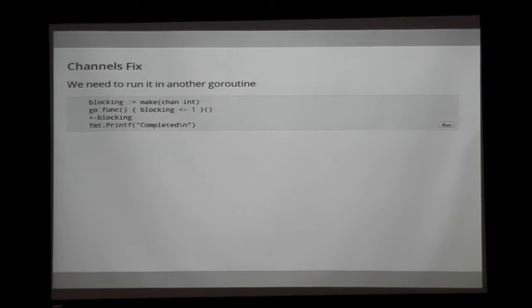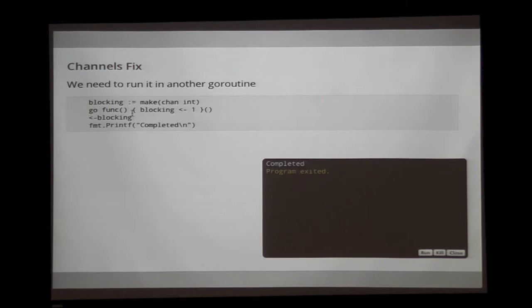Okay, so how can we fix the previous error? One way is to just launch the sending of the message to the channel in another coroutine. What happens is this will create the coroutine. The main coroutine blocks because it's waiting to read from an empty channel. At that point, the other coroutine will spawn and will send the message.